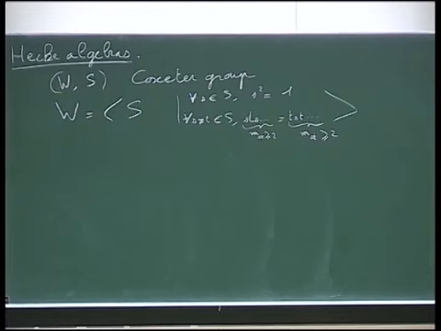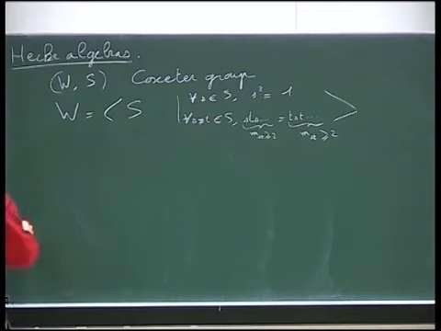So this is the general definition of a Coxeter group. In the case this group is finite, it can be realized as a finite reflection subgroup over R. And if it is not finite, it can also be realized as a reflection group over R, but it's not included in Michel's talk.